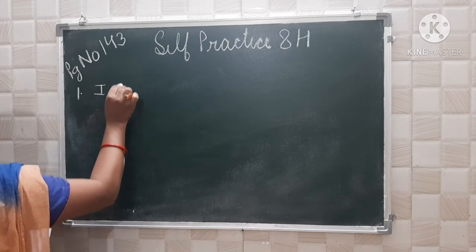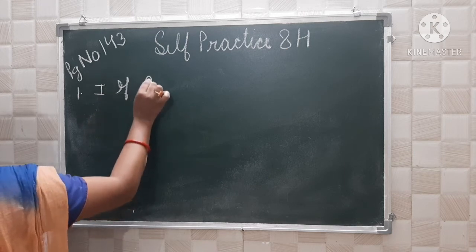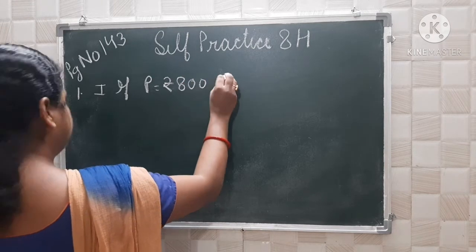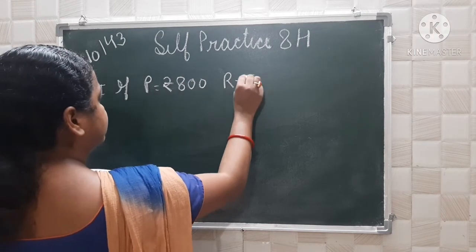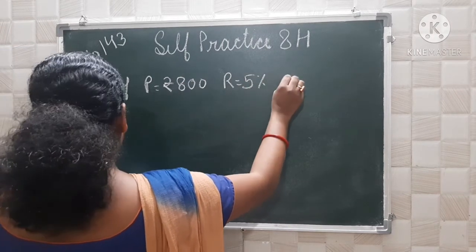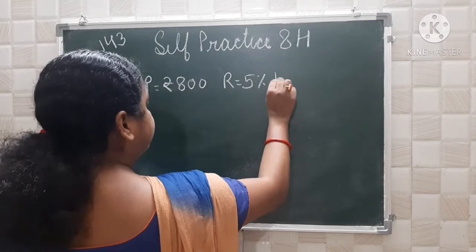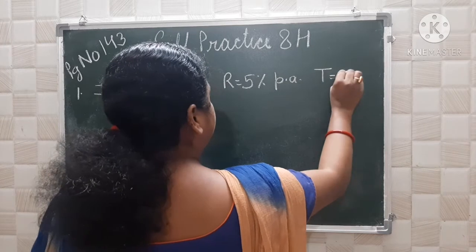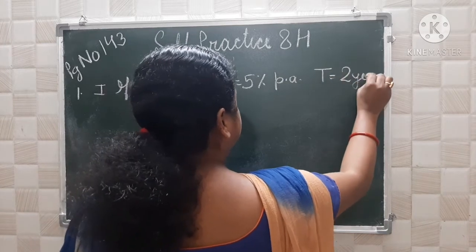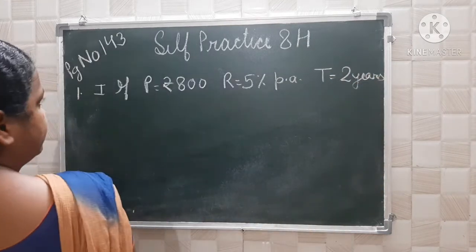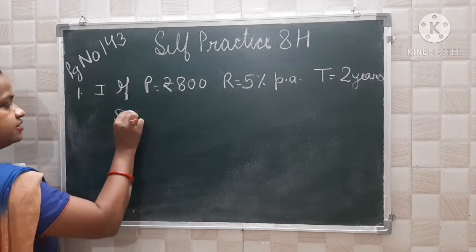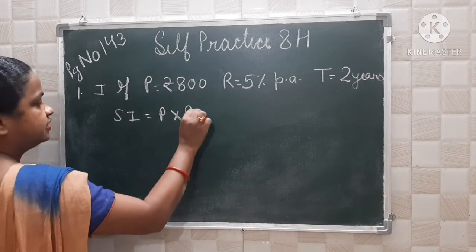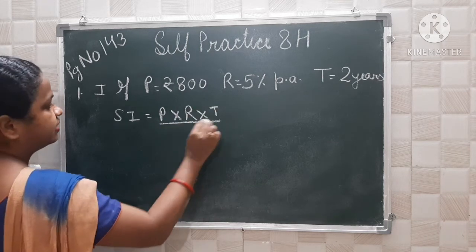If P is equal to rupees 800, R is equal to 5% per annum, per annum means in a year, and T is equal to 2 years. So what is your formula? SI is equal to P into R into T upon 100.